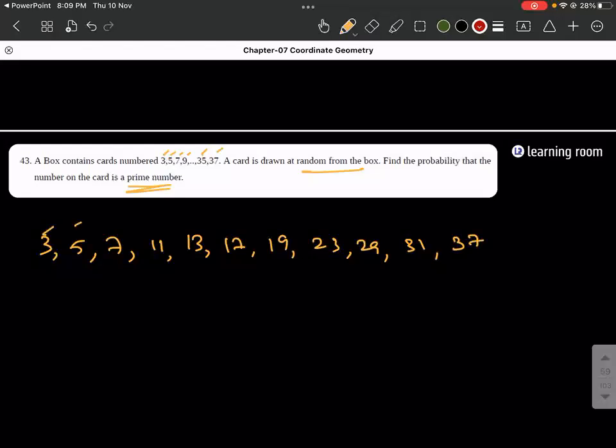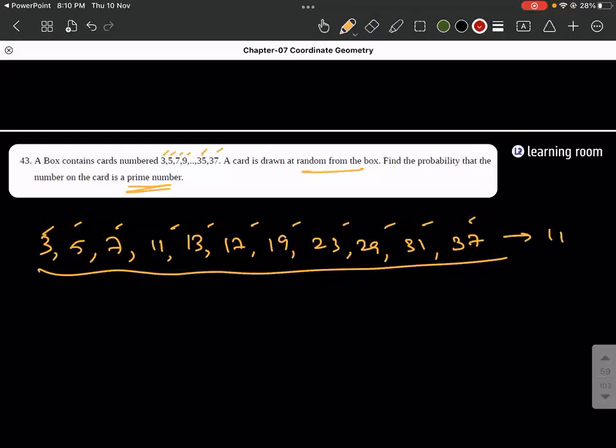How many are there? 1, 2, 3, 4, 5, 6, 7, 8, 9, 10, 11. 11 numbers are there.